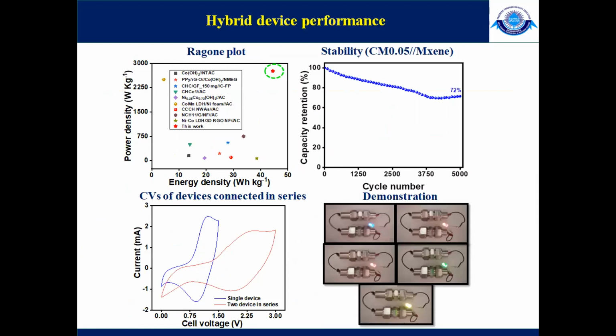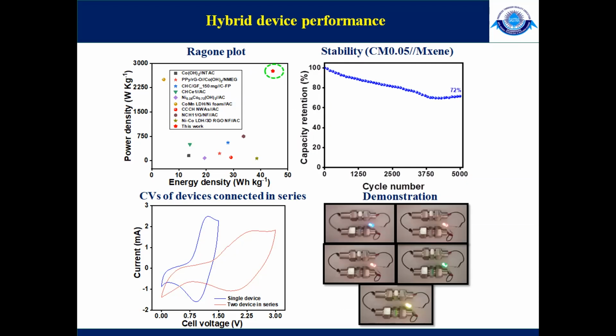From the Ragone plot, we can compare our values with the literature, and we found superior values of energy density and power density. Stability-wise, this supercapacitor shows 72% stability after 5,000 cycles, which is also acceptable.